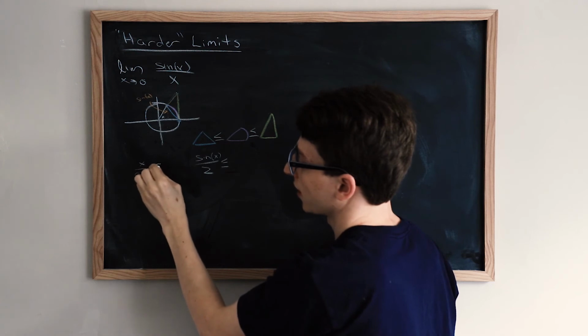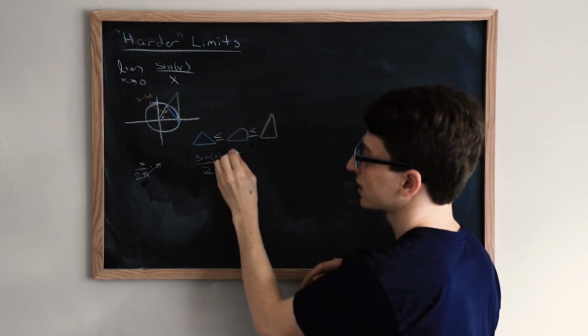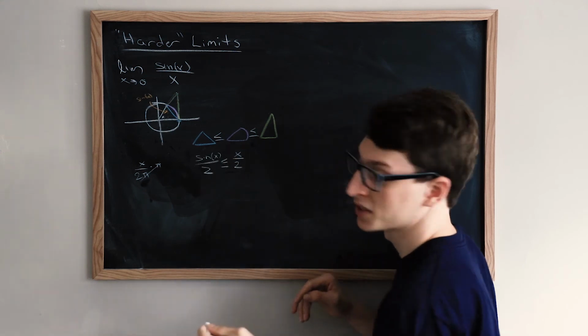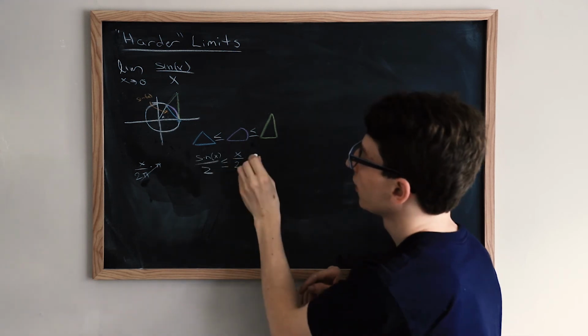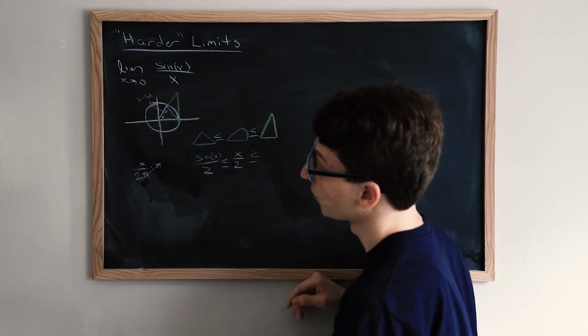Then we're just multiplying that by pi, canceling that out, and we get that the area of the sector is always x over 2. And that's always less than, well, what about this bigger triangle?